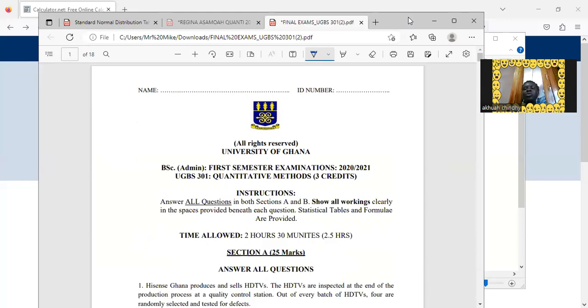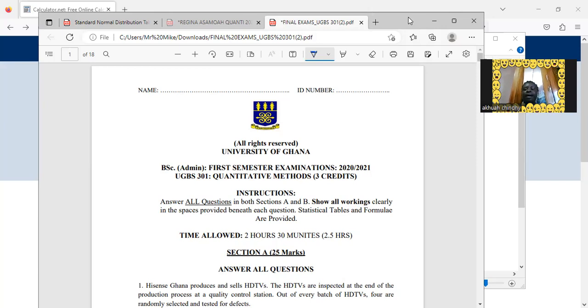But I don't know how to get the manual calculator on the screen or on the web. So I'll try as much as possible to do one of the workings so that we'll know whether the answer is correct or not, because I'll be doing it with my calculator.